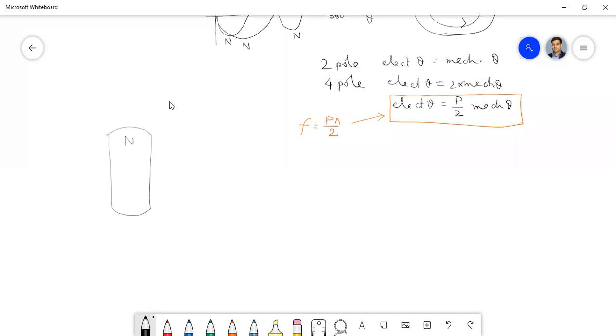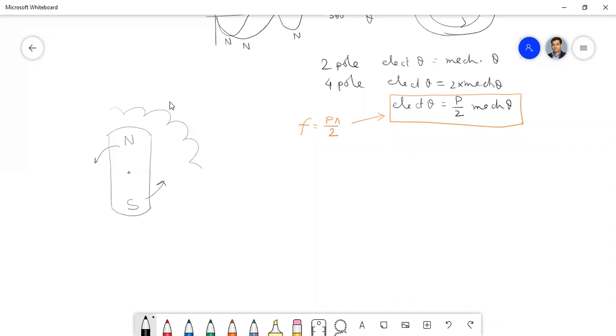And sometimes we need magnetic poles which will rotate. So suppose this is a magnet. Now we can rotate it like this, isn't it? This is a permanent magnet. It's a north pole, it's a south pole. Now we can rotate it. Then the north pole and south pole will rotate.